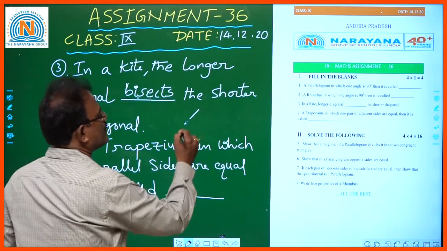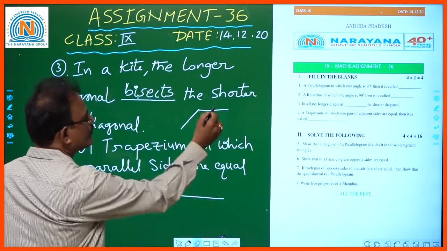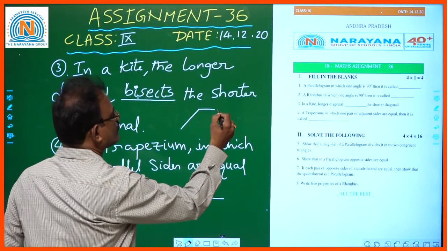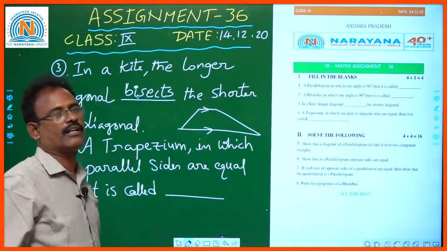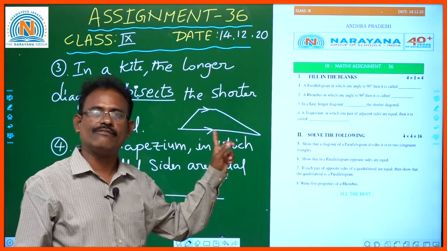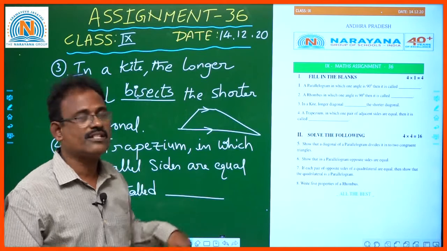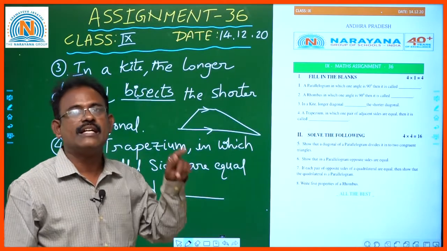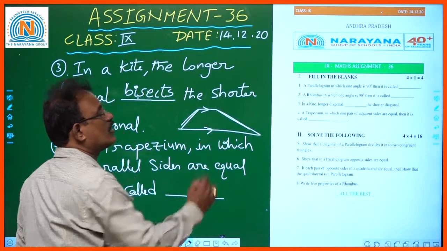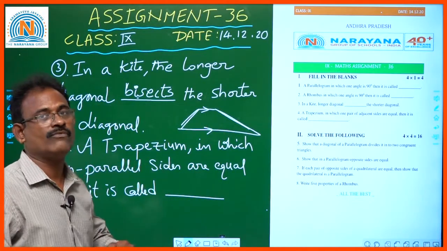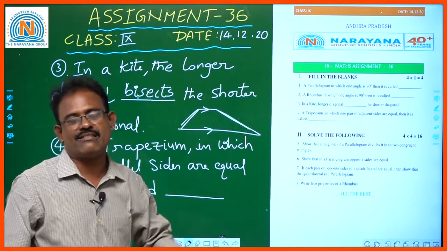For example, let us say it is a simple closed figure bounded by four line segments, so it is a quadrilateral. A quadrilateral in which one pair of opposite sides is parallel is a trapezium. In this trapezium, this is shorter, this is longer. Of course, these two are called non-parallel sides. In this case, from this diagram, we cannot say non-parallel sides are equal.